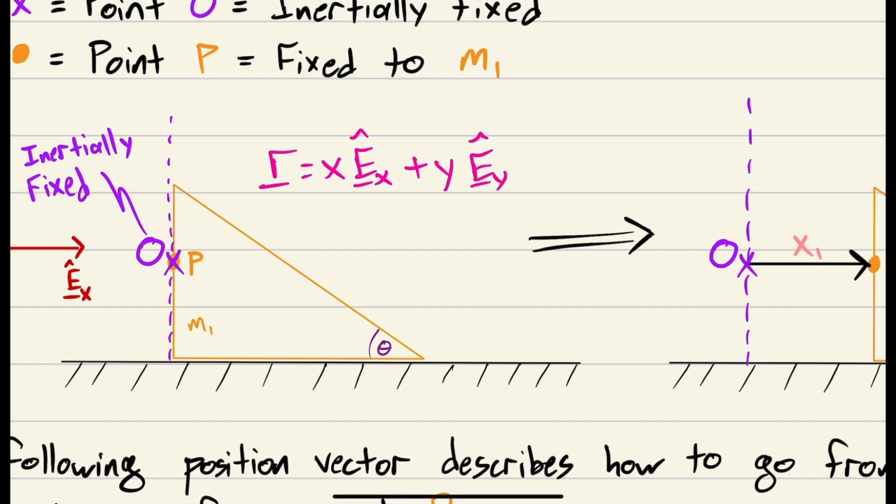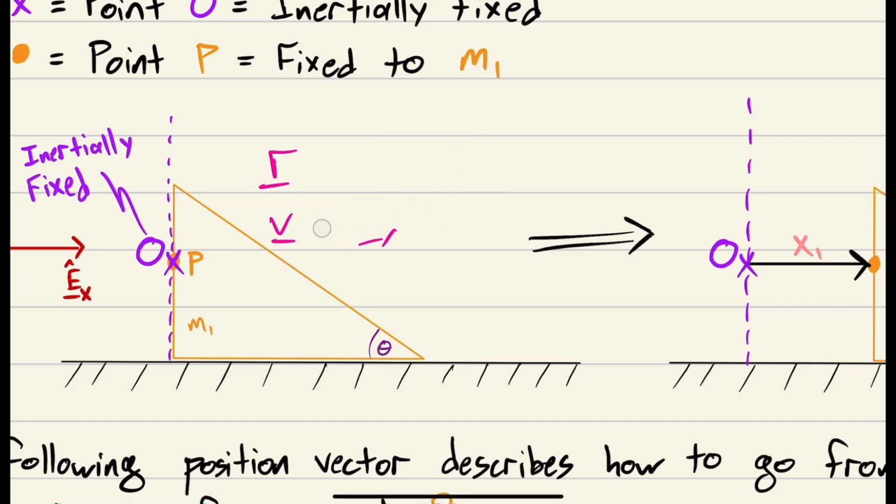Well, y is a constant, so when you take the derivative of this, you're just going to be left with x dot EX plus, y is a constant, it's 0, right? That's why the point you pick doesn't matter. As long as you're consistent in the points that you use, as long as you're measuring from an inertially fixed point, it doesn't matter.